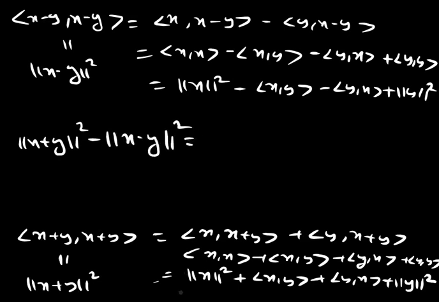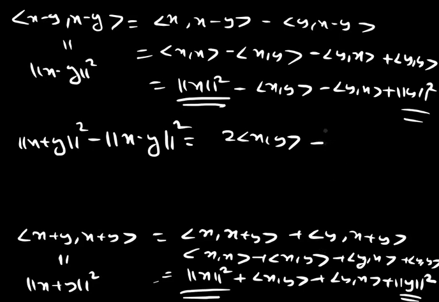What happens is that the norm terms cancel, and the cross terms add, so this becomes 2 times the inner product of x with y plus 2 times the inner product of y with x. So this is what we have got.